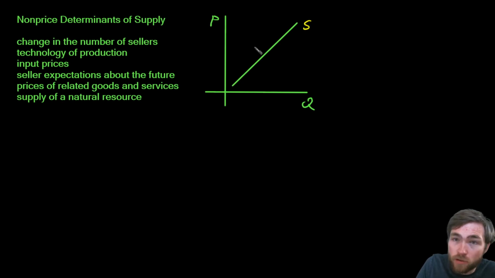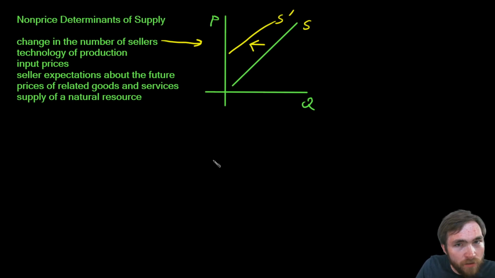Well, if there's fewer, imagine we just kind of struck one line from our previous chart where we had 3 different producers, then we're going to produce fewer bikes overall. And so it would make sense for the supply curve to shift inward. That's that example.